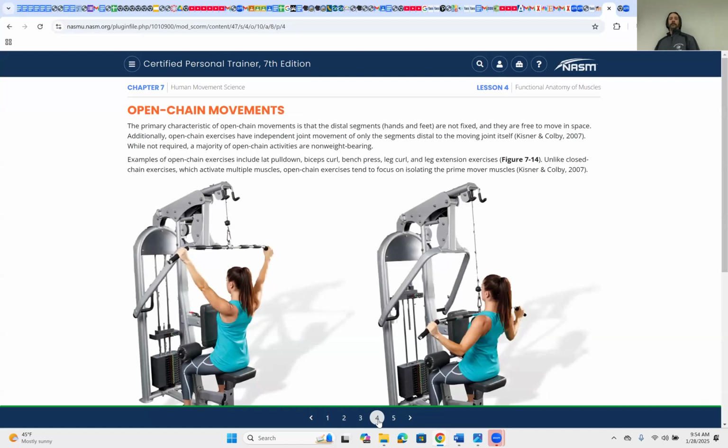Let's do open chain now. Open chain movements. Here's the exercise. Hands and feet are not fixed and they are free to move in space.